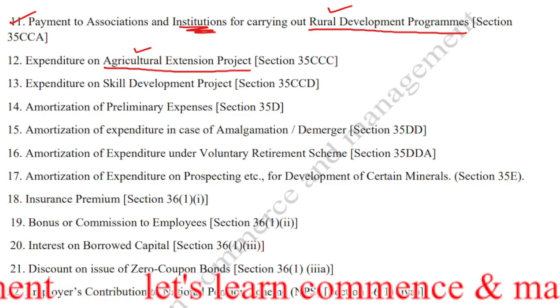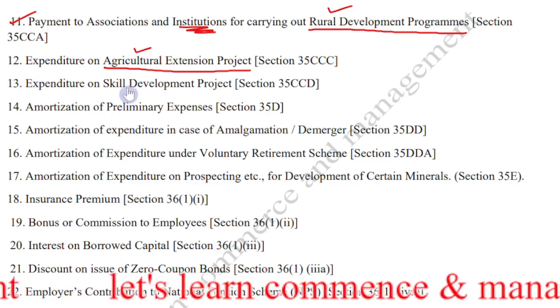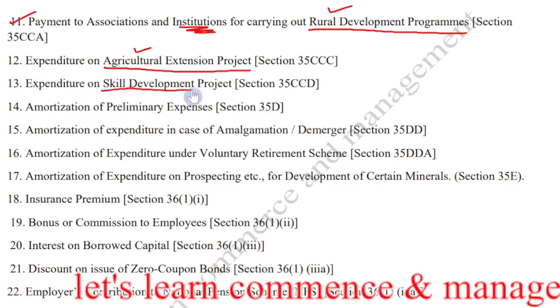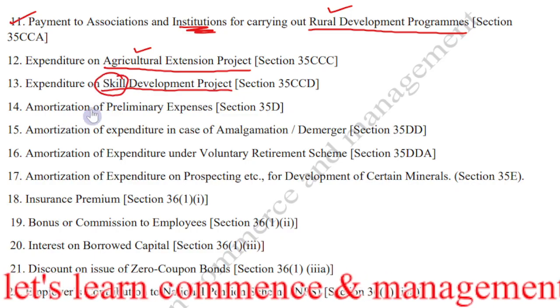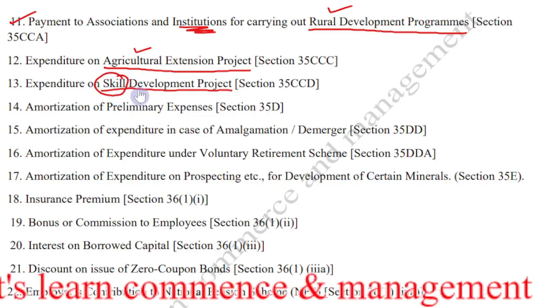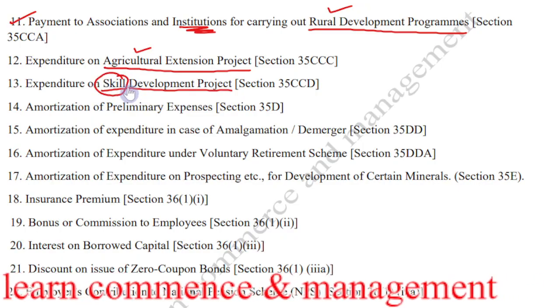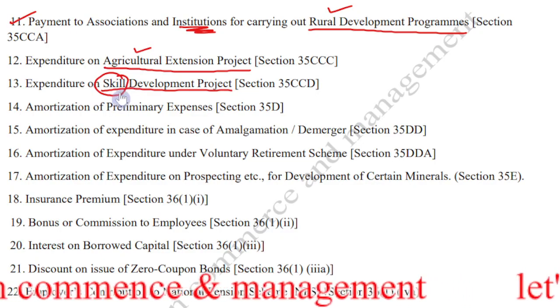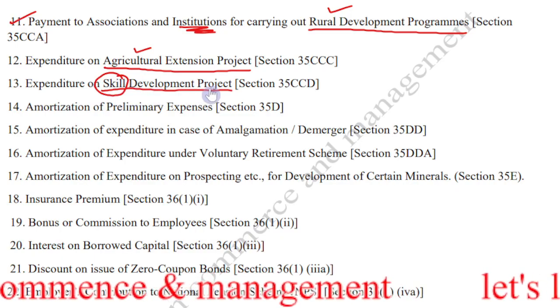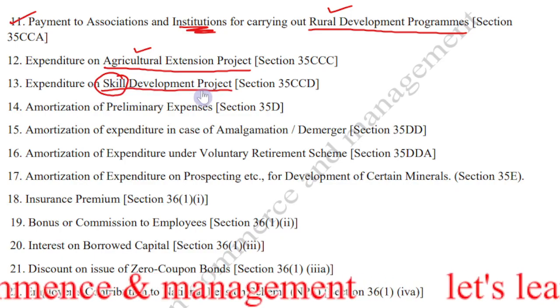Deduction is allowed for the same. Then expenditure on skill development project. Skills are very important. In the present day scenario, skills are a very important part of any business or profession. So any expenditure towards the skill development project is also considered as deduction.